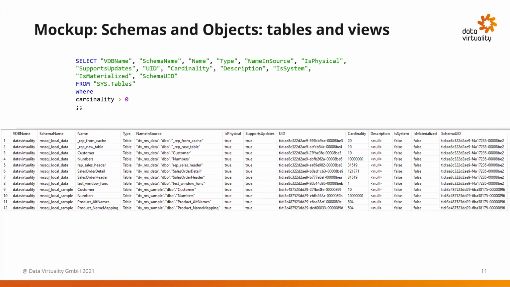So the optimizer will look and see if we are joining, say, for instance, a table with a million rows and one that has 10, then we know that what we should do is filter, send the IDs for the customer and filter the numbers, because we don't want to return all 1 million rows, right? We only want to return the ones that correspond to the customer. So this way Data Virtuality can do filtering and perform better and smarter queries.